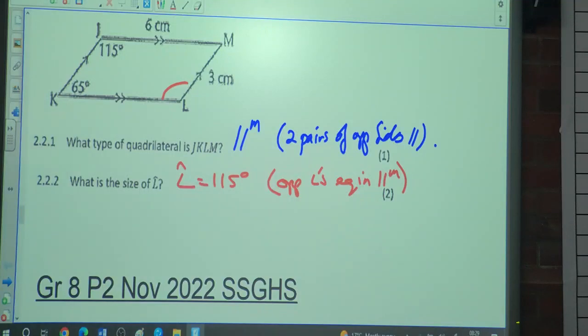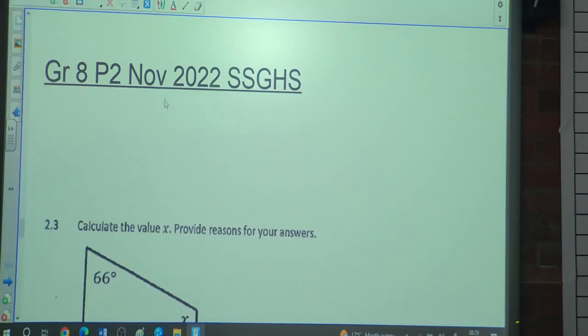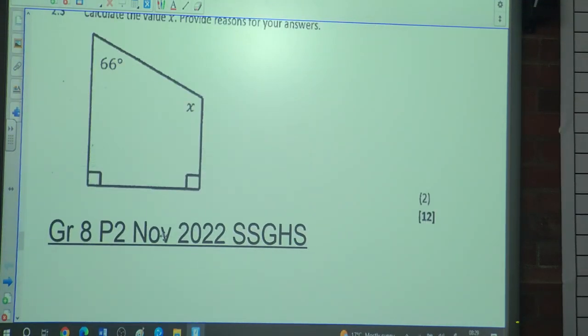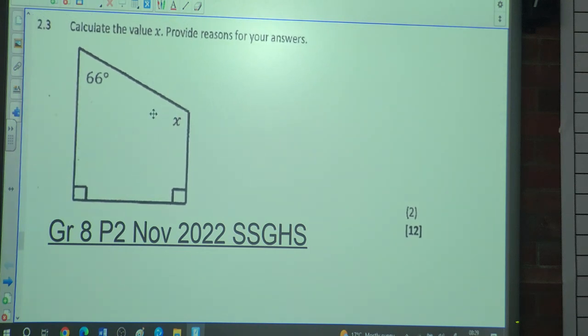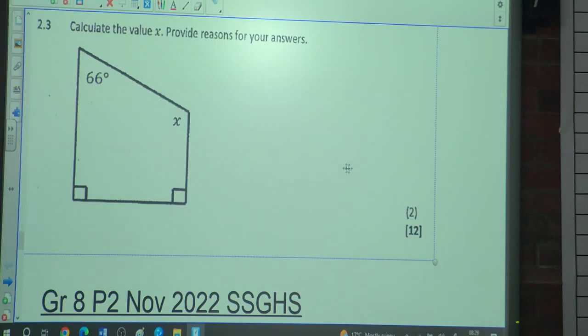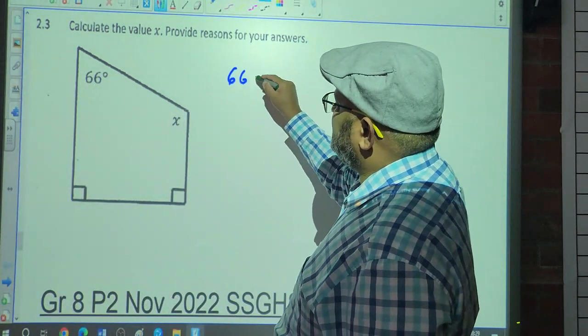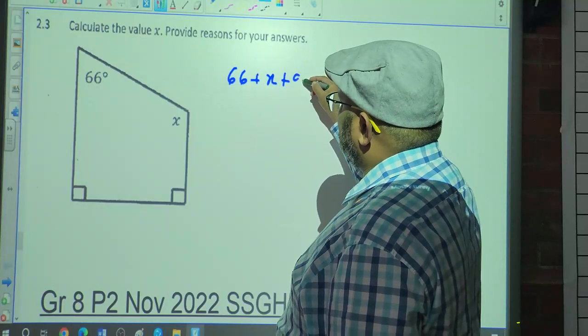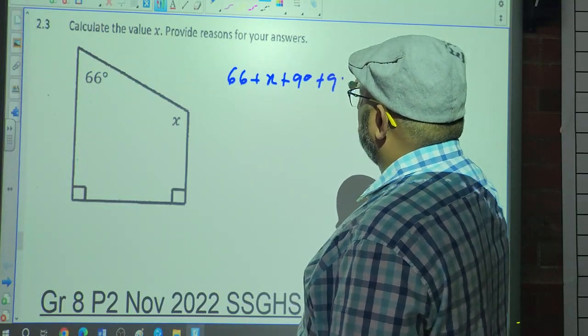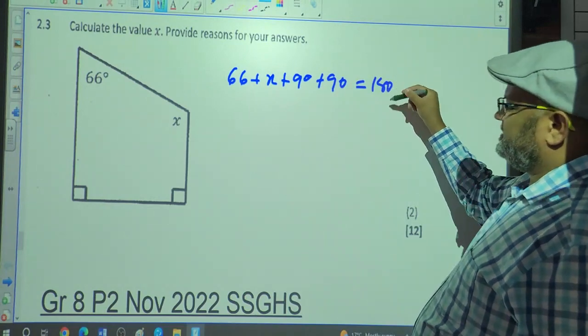Okay. Next, calculate the value of x. Provide the reason for your answer. I'm going to solve for x. So I'm going to say 66 plus x plus 90 plus 90 equals 360.